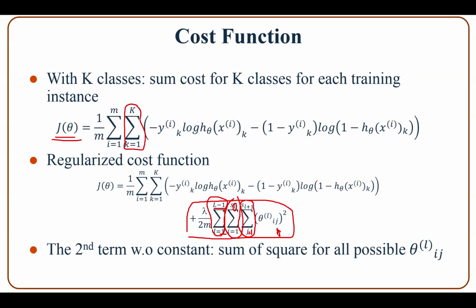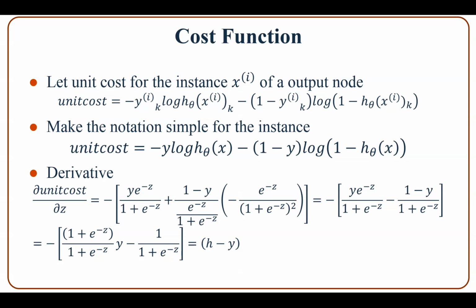layer L plus 1. We first look at the non-regularized cost function and define unit cost for the instance xi, meaning the ith instance of an output node, unit cost. So unit cost is simply the expression inside the two sums in the cost function.